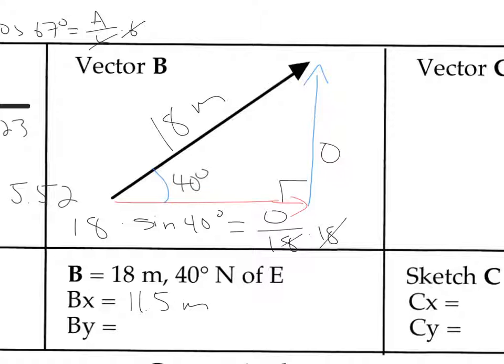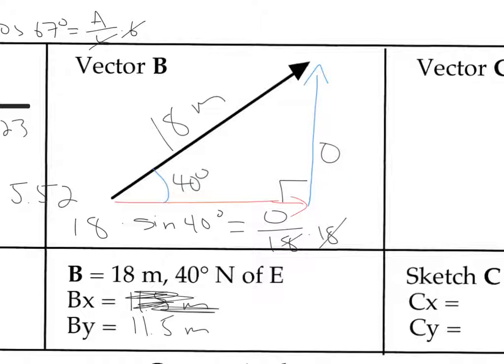Should this be a positive or negative number? Since it's heading east, that's going to be a positive number. Sorry, I erased, I need to get rid of this. This obviously is the y direction, and it's in the north direction, so this is a positive 11.5 meters.